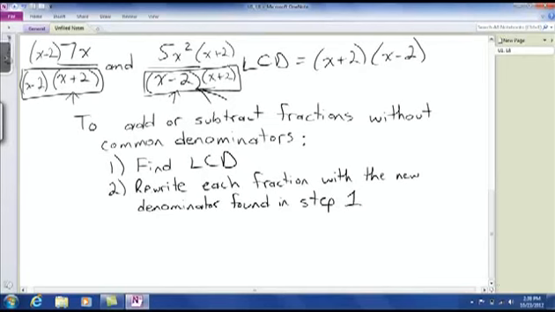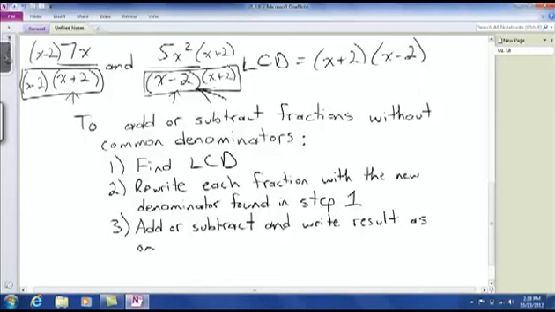Okay, well, now that we've done that, we can actually add or subtract whatever the problem calls for, and write the result as one fraction.